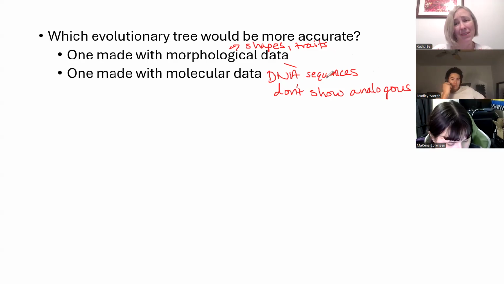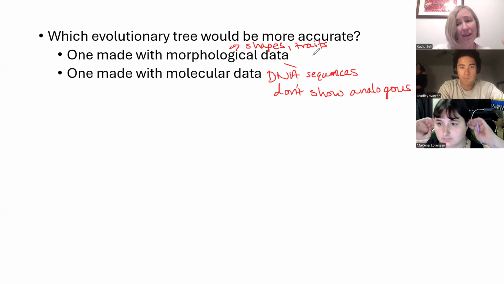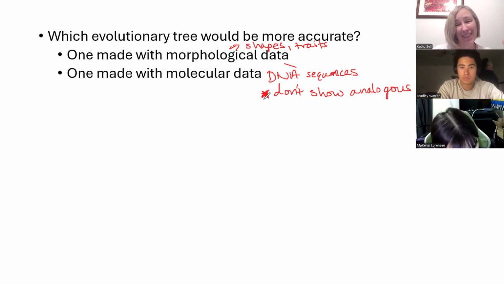Because the DNA sequence is not going to look at those analogous features and is going to ignore that. So you don't get confused with species looking alike because of convergent evolution. Whereas with just looking at their shapes and things like that, you could get confused with that convergent evolution. So it's more accurate to use the DNA sequences, the molecular data. So, right.